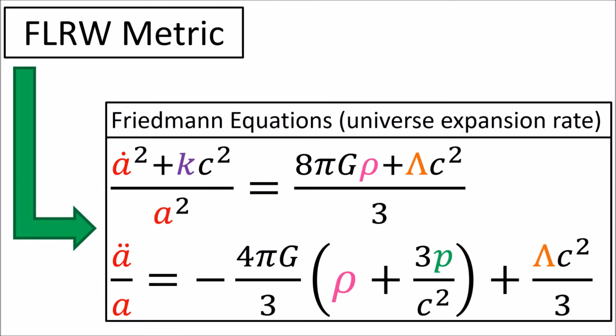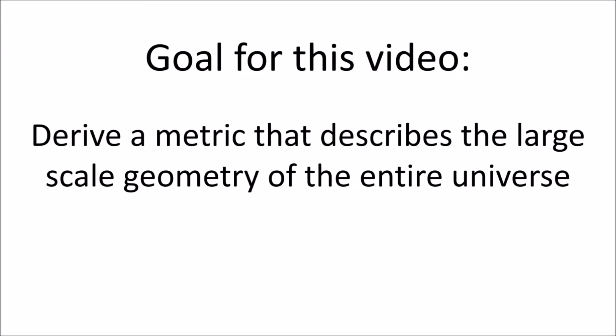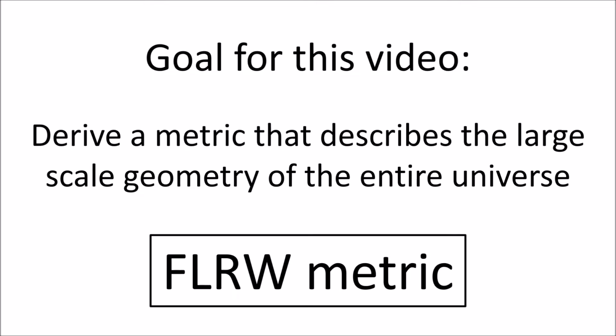In later videos, we'll use the FLRW metric to derive the Friedmann equations, which directly govern the rate of the universe's expansion based on mass density, pressure, curvature, and the cosmological constant. So our goal for this video is to derive a metric that describes the large-scale geometry of the entire universe, and this will be the FLRW metric.